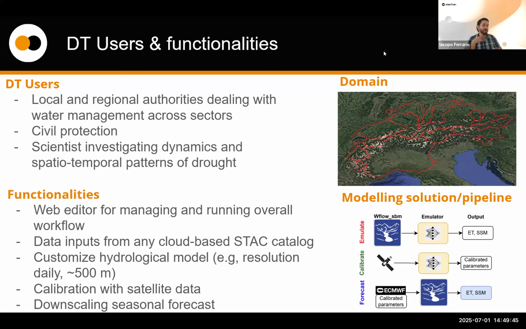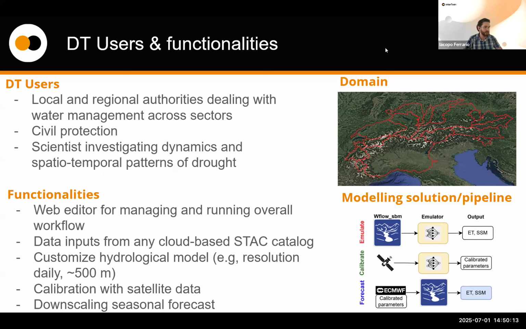Then the possibility to customize and configure the hydrological model to the preferred resolution. In this DTE, we have configured the hydrological model to run at 500-meter resolution, daily. Then the possibility to calibrate this model with satellite information and to increase the resolution of the seasonal forecast by downscaling it.